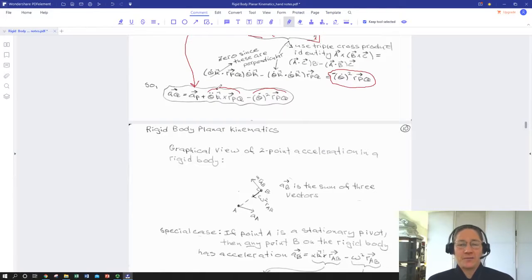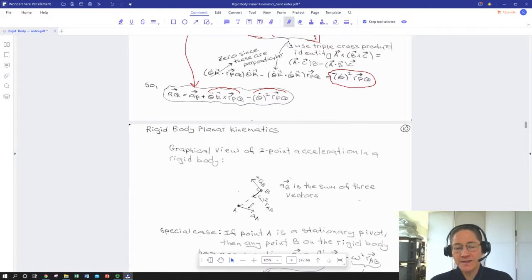We can say something about the orientation of these terms relative to one another given what we know about the properties of cross products and scalar multipliers. So if we're looking at points A and B, and say A is like point P, it's the one where we know what the acceleration is.